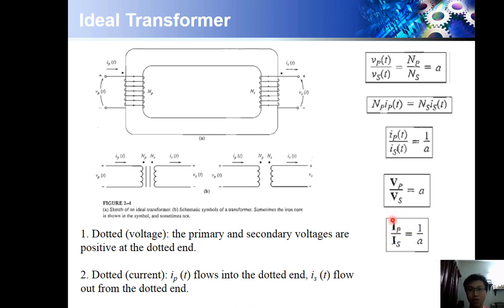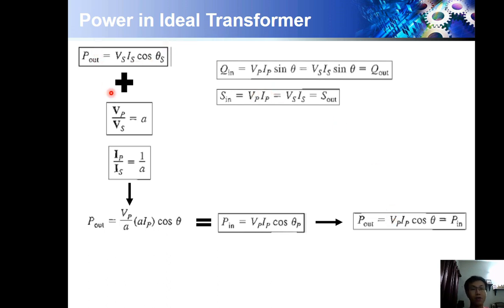Both will be ratios. P out is VS times IS cos theta, the conventional equation: the secondary voltage times the secondary current times the power factor. This is my active power out. With the equations that we have, I can change VS to VP divided by A, and I change IS to A times IP.